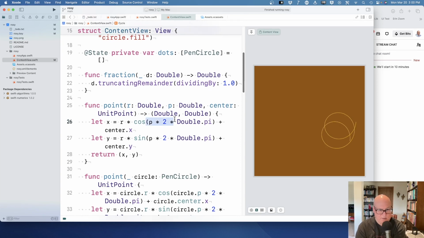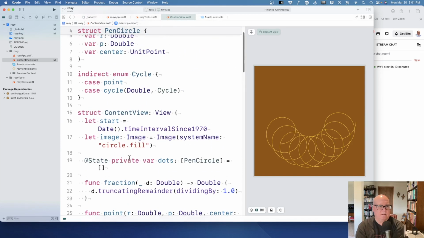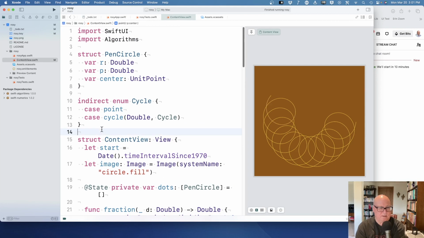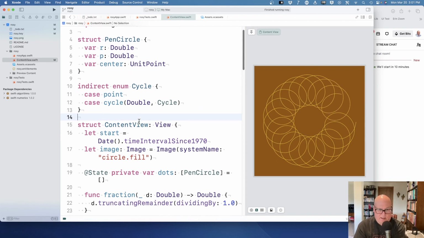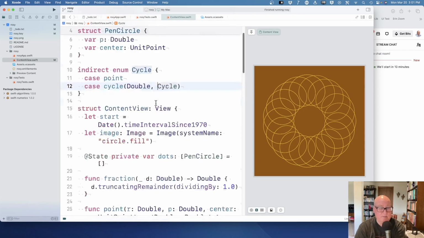Okay, so P is irrelevant. Those are constants. Center comes from there, and it's got the radius. All right. Now, given this, how do you draw it? Well, no, it's also got to have a drawing ratio, a speed.